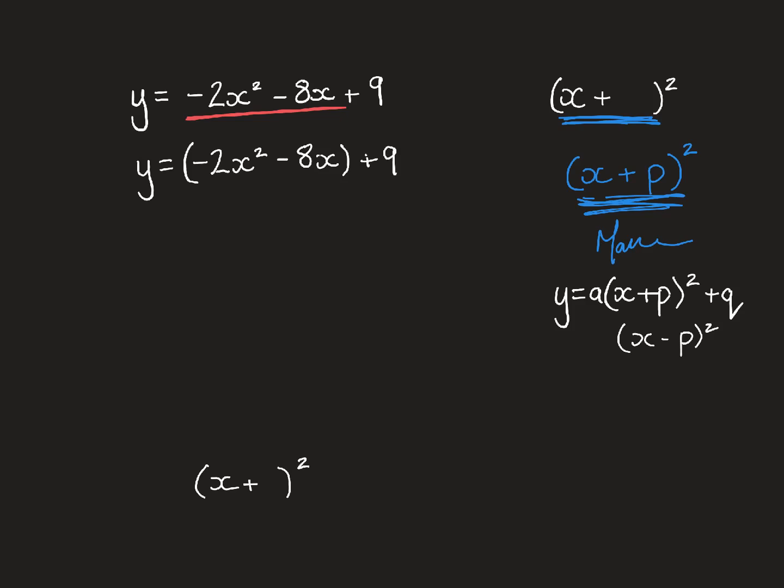No, you don't. You could just go straight to the next step, which is, once again, I'm trying to get to a point where it's x plus or minus something squared. I can't do that if x squared has a coefficient of -2. So I'm going to get rid of it because I have the ability to manipulate whatever I like within my equations.